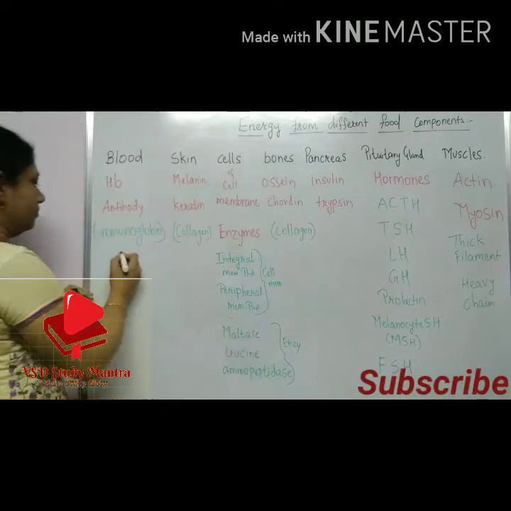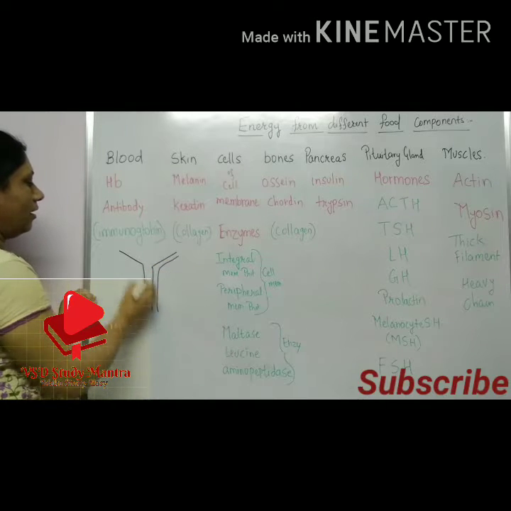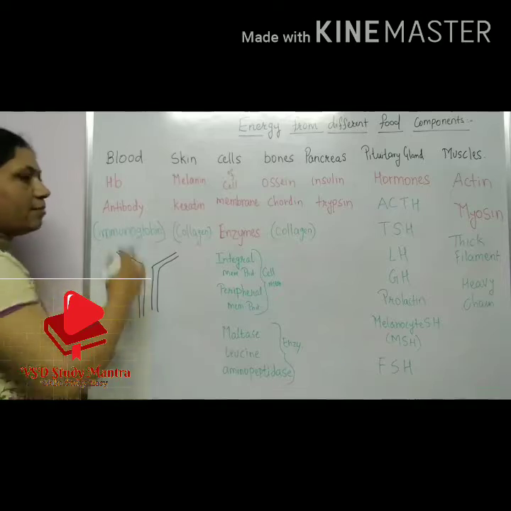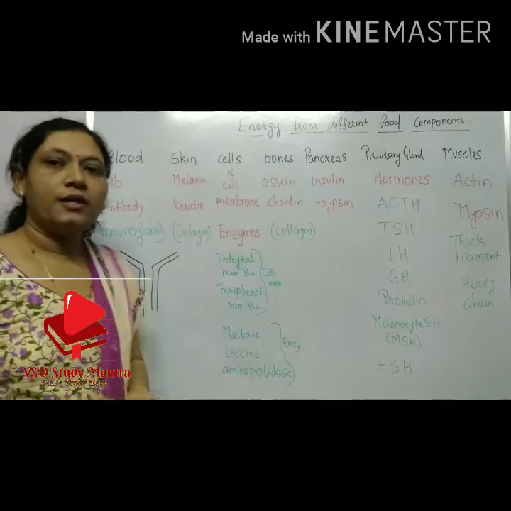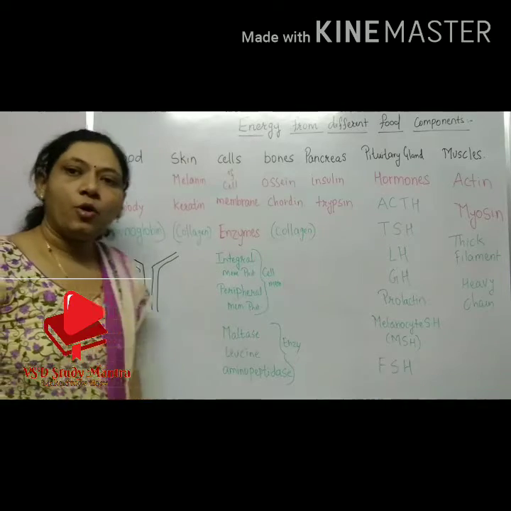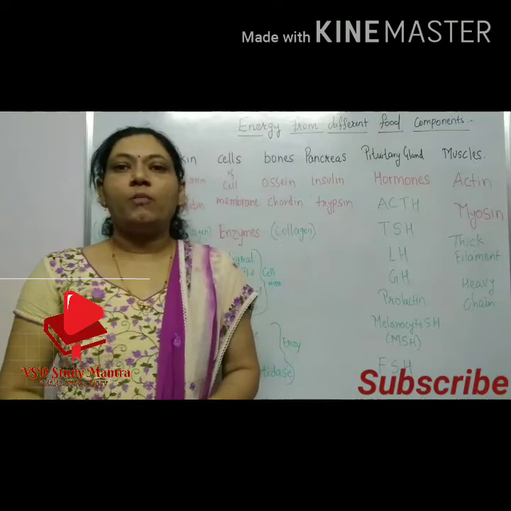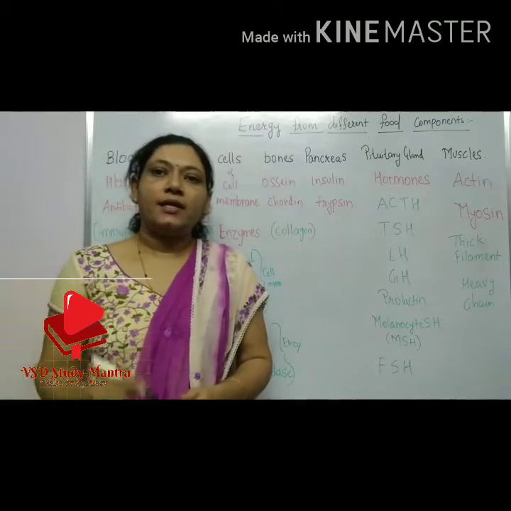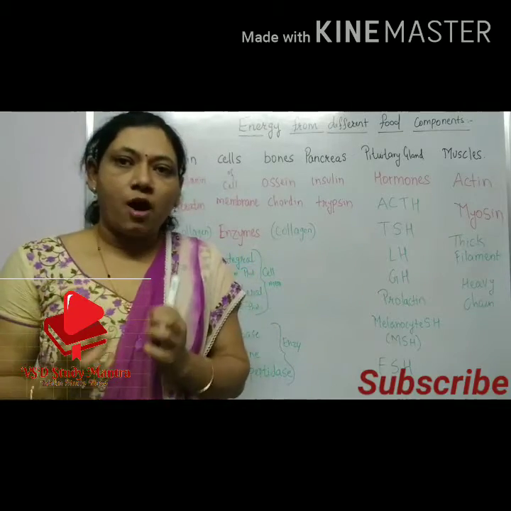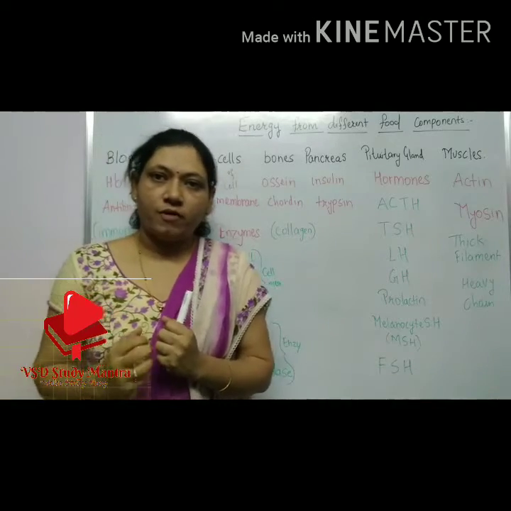Like this, a Y shaped protein. This antibody is a Y shaped protein, and it is also known as immunoglobulin. Why is it known as immunoglobulin? Because it is part of the immune system of our body.